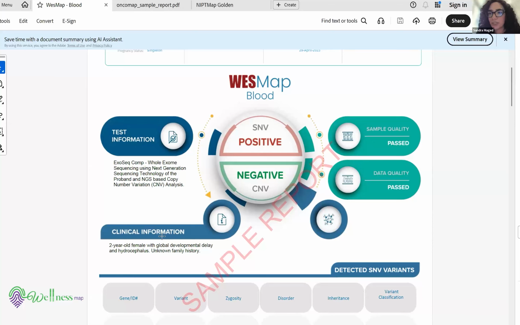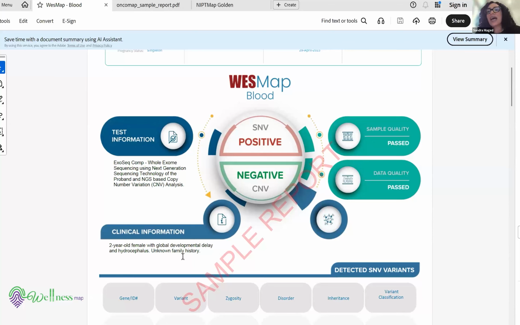So in this sample report that we see in front of us, we see a 2-year-old female with global development delay and hydrocephalus, meaning that the physician or the neurologist that was dealing with this infant has seen that there is fluid around their brain. So in here, we see the clinical picture.